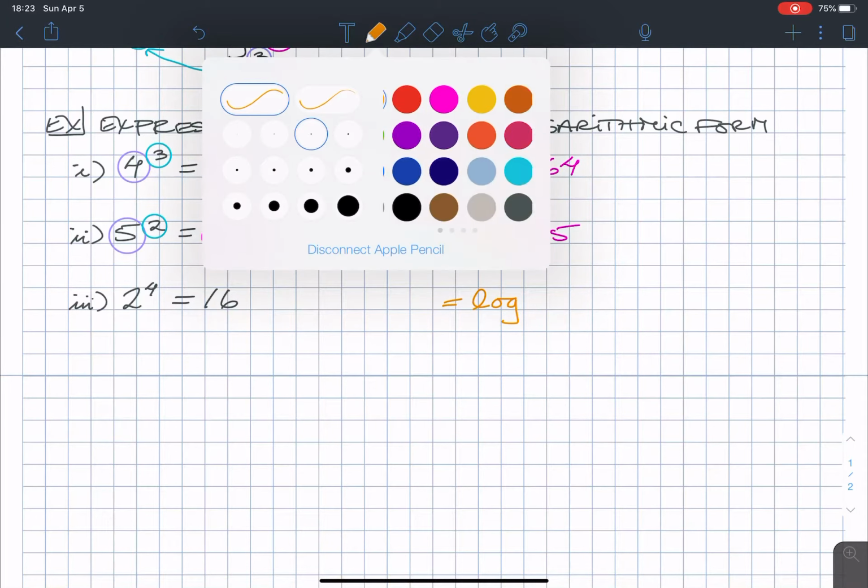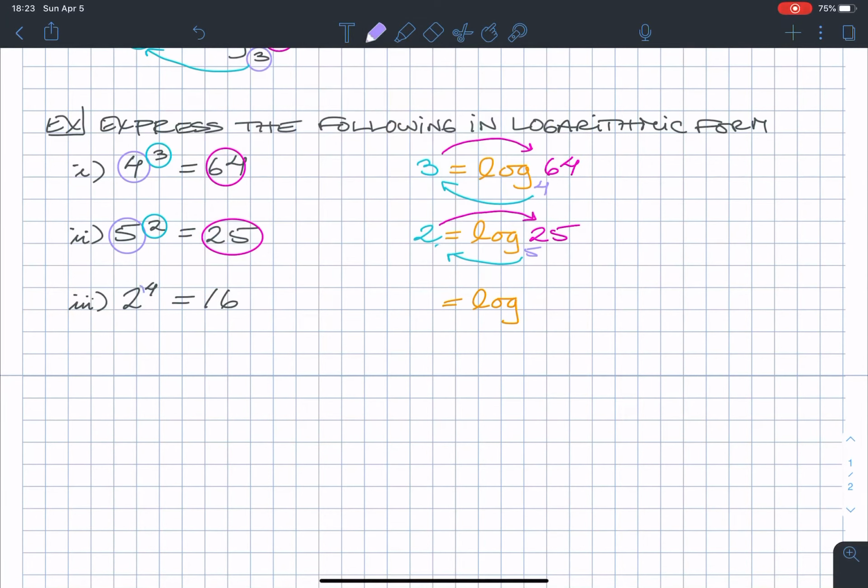And then my base is 2. I'm raising that to the answer 4, and setting that equal to the argument 16. So 4 is equal to log base 2 of 16.